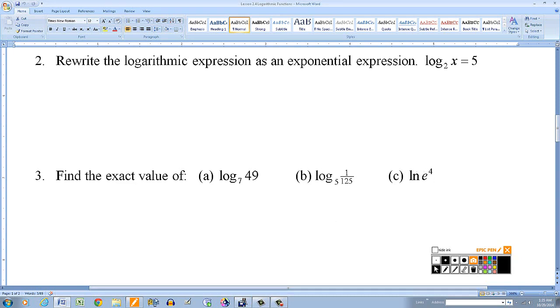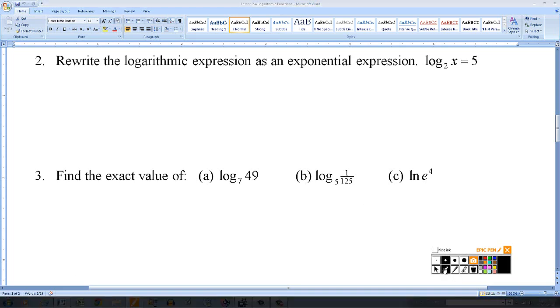Normally if they ask you to find the exact value, that basically tells you you won't need a calculator. So log of 49 to base 7 is equal to what number? Basically we're asking, 7 to what power is 49? Well, 7 to the second is 49, so this should be 2.